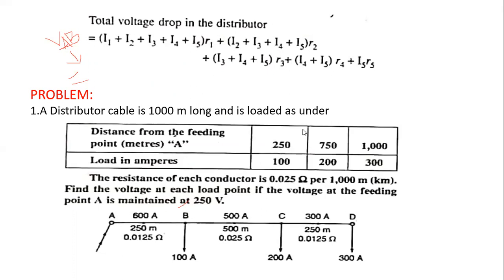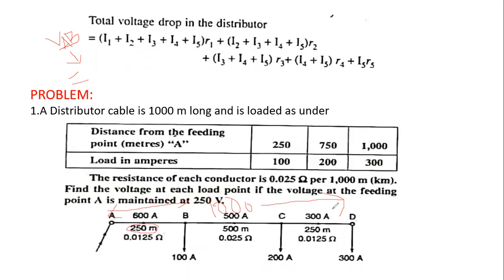The total length of this distributor is 1000 meters. From A to B, the distance is 250 meters.